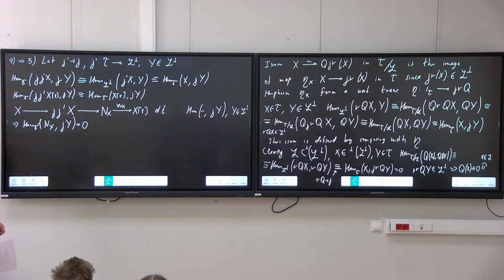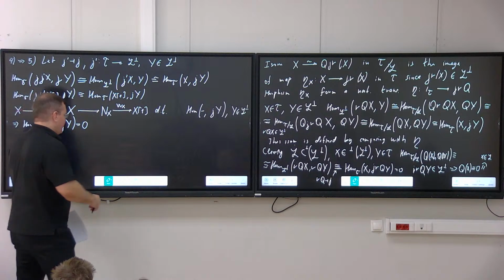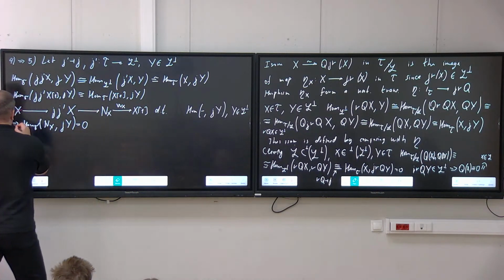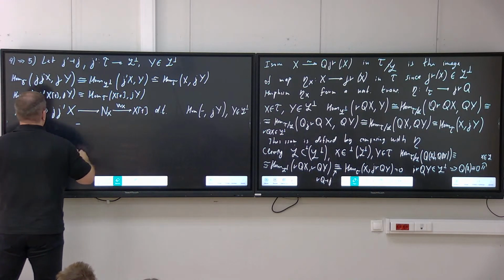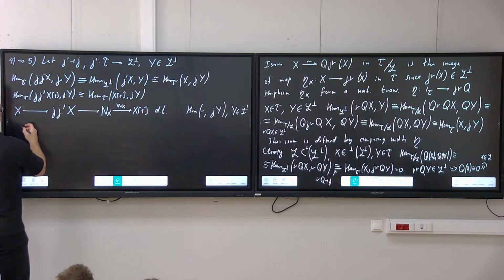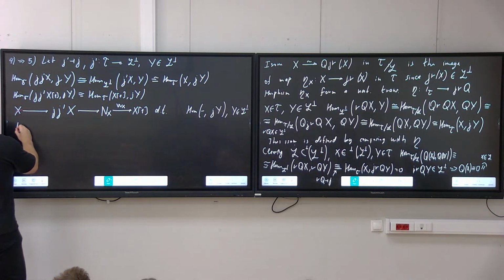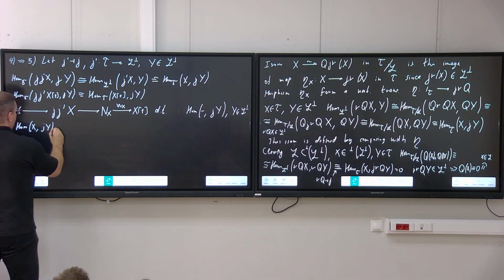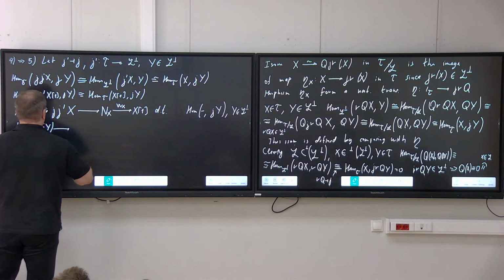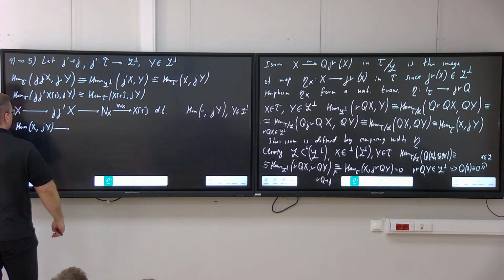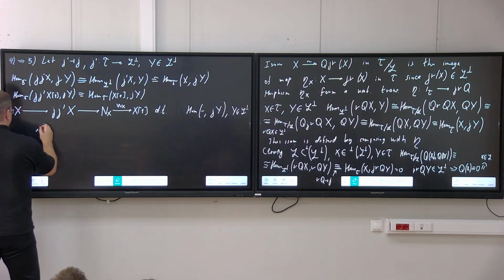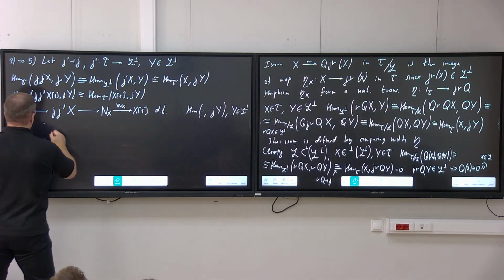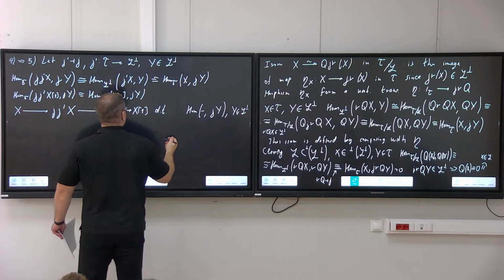Okay, so I guess I need to write this. So I'll get Hom from the X to the J of Y. Then this is mapped. This is a contravariant functor, so this is another order. So I start now from the right. So this is contravariant.